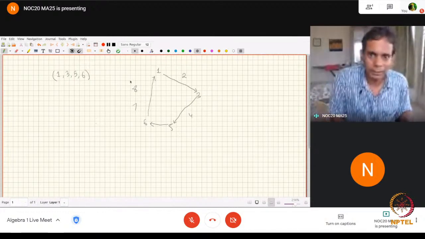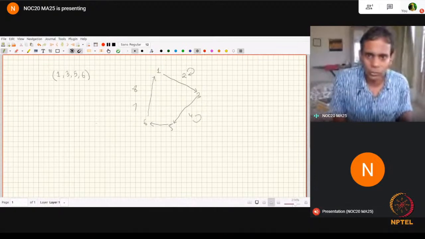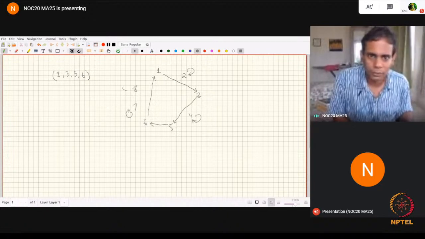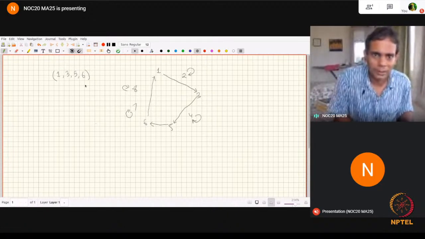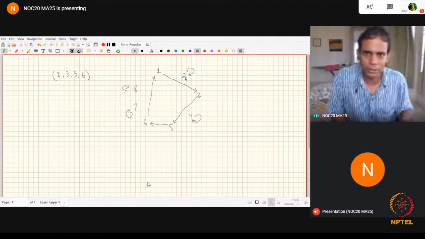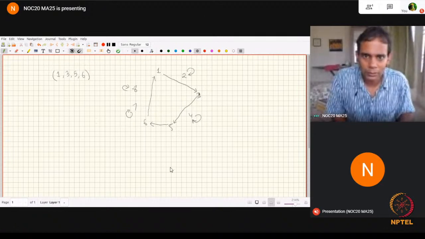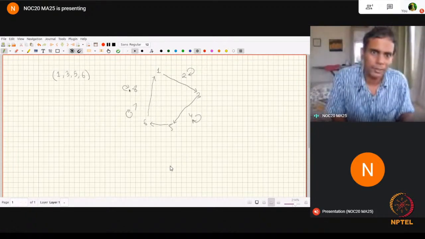And all the remaining elements are fixed: 2 goes to 2, 4 goes to 4, 7 goes to 7, and 8 goes to 8. So this is the cycle notation of this permutation. It takes 1 to 3, 2 to 2, 3 to 5, 4 to 4, 5 to 6, 6 to 1, 7 to 7, and 8 to 8.